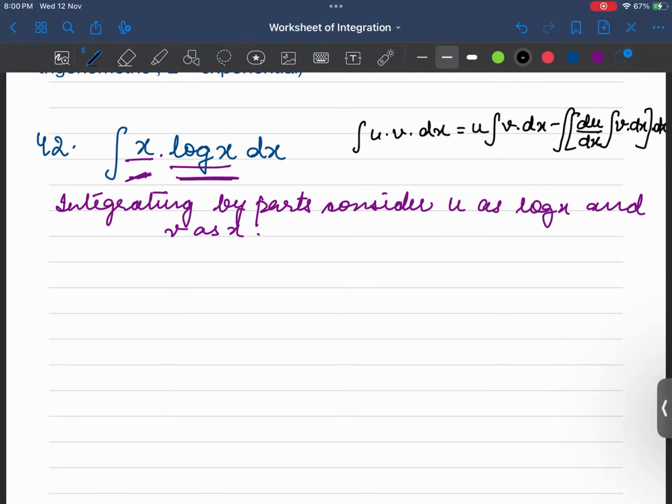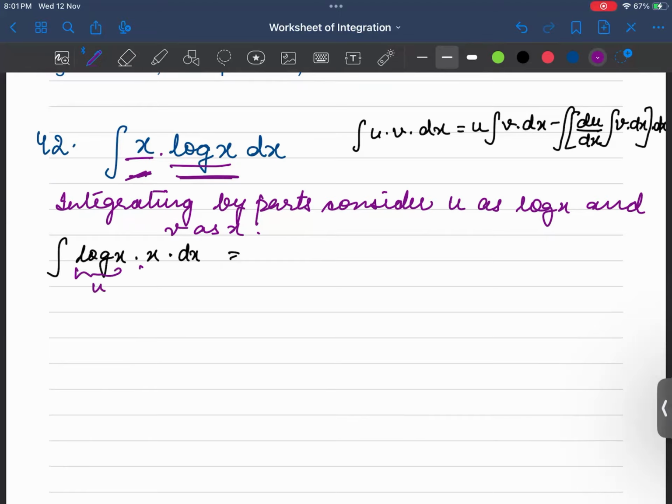Now solve it. I can write x log x dx equals, first of all, my first function was log x. I want my first function to be written first: log x into x dx. This is my u, and I'm considering this as u and this as v.